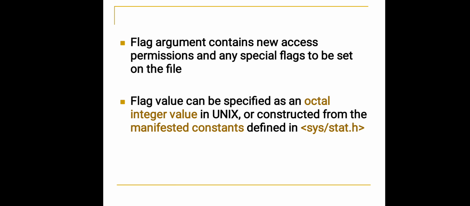Flag arguments contain the new access permission and any special flags to be set on the file. The flag value can be specified as an octal integer value in Unix or constructed from the manifest constants defined in sys/stat.h.